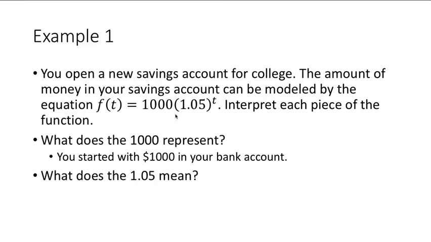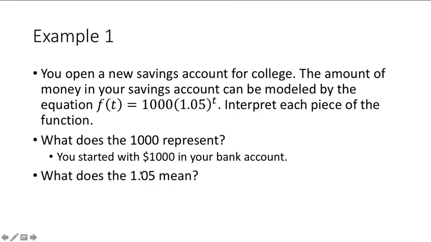What does the 1.05 mean for this function and for this situation? Well, because the 1.05 is greater than 1, I know that my savings account is going to be getting bigger. It's going to be growing. So this is an exponential growth function. But my bank account is not going to be growing by 105%. That would be ridiculous.